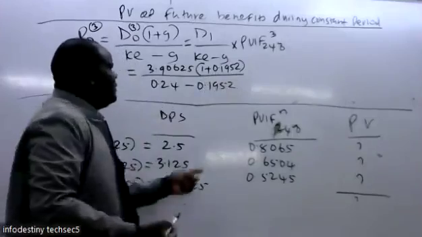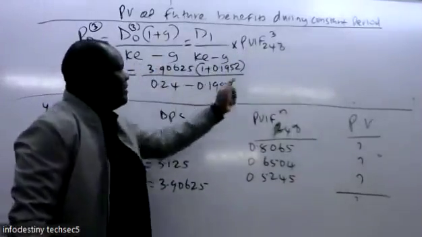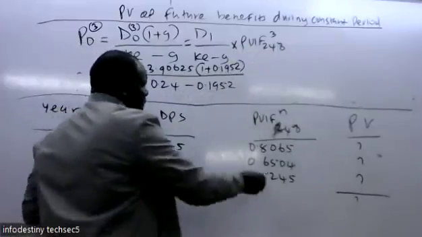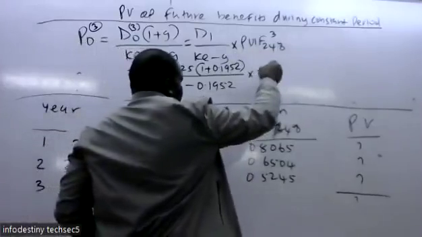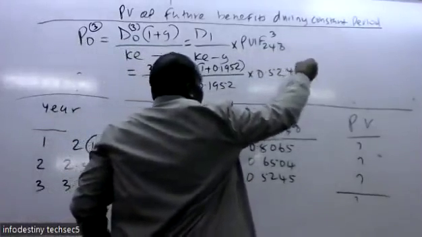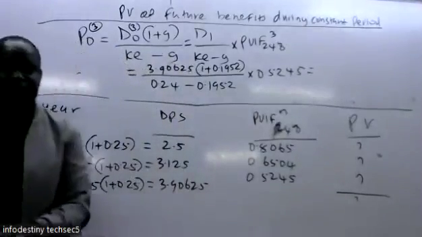But we have said that you need to convert them to period 0 by multiplying by the discount factor at 24%. That figure was 0.5245. So we now get the value for that.